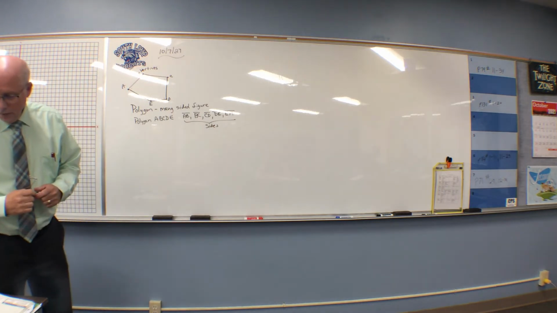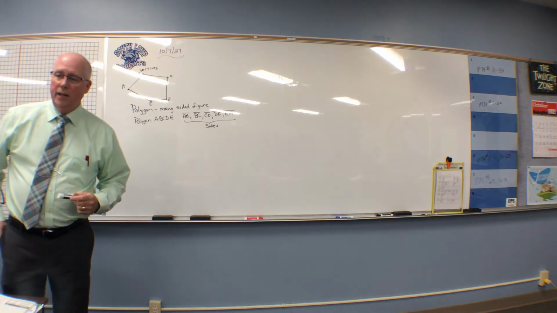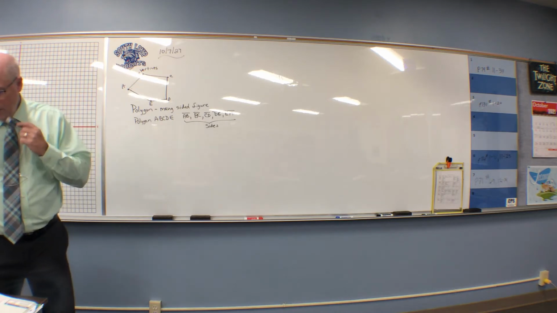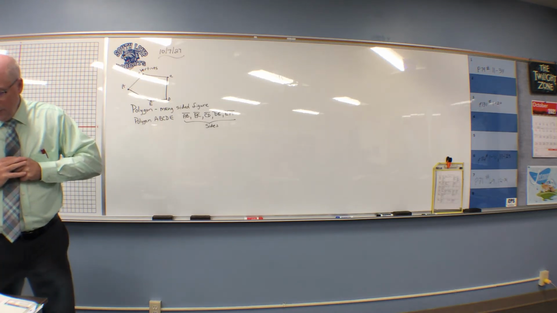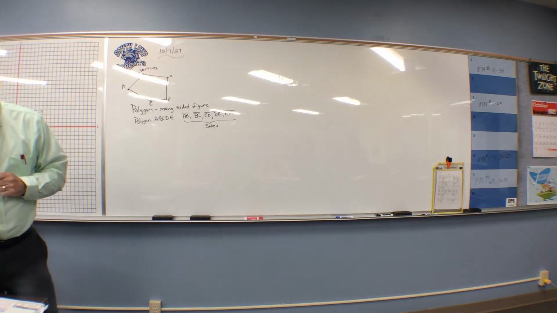Now, they give some on page 56, and I can draw them, but on page 56 they do such a good job. They show polygons on the left, and then they show non-polygons on the right.